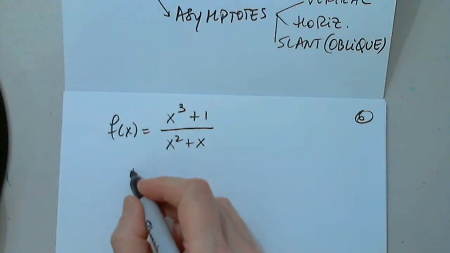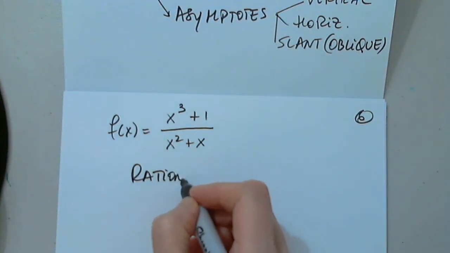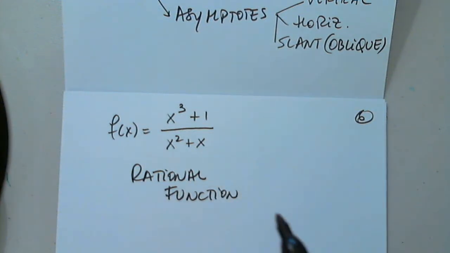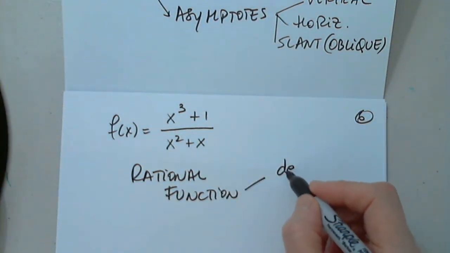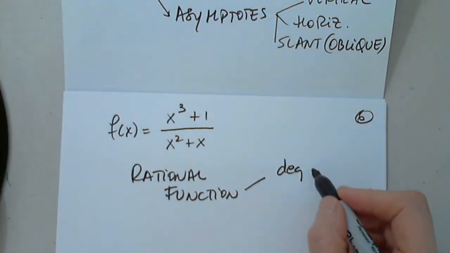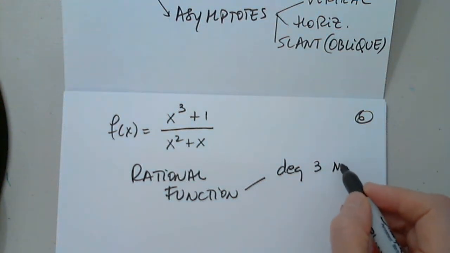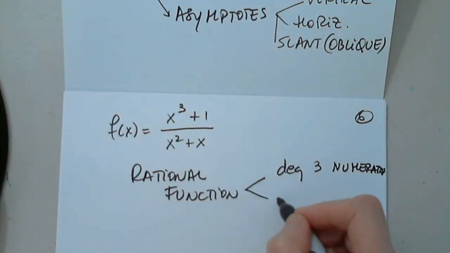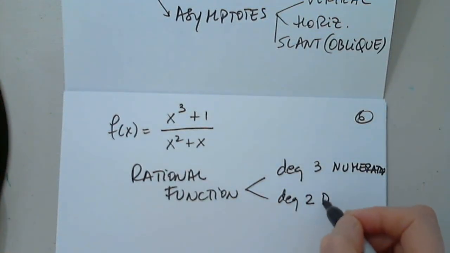So first of all, this is a rational function, with degree 3 in the numerator, and degree 2 in the denominator.